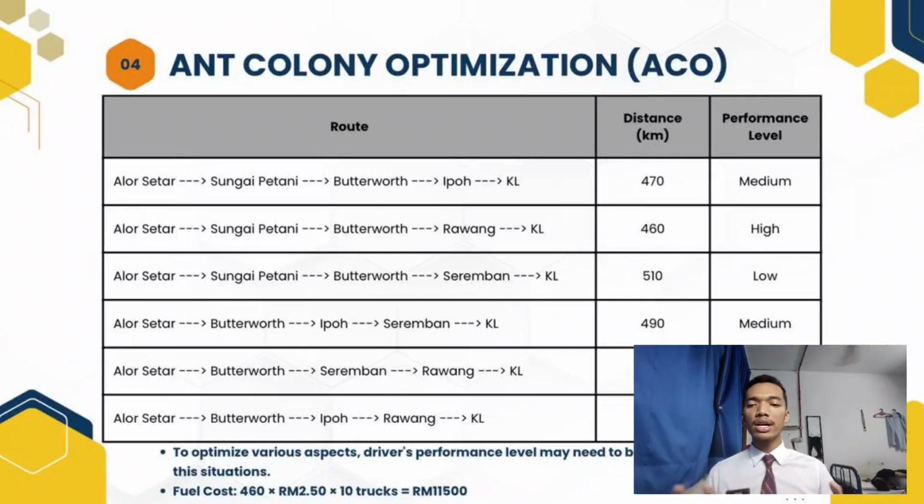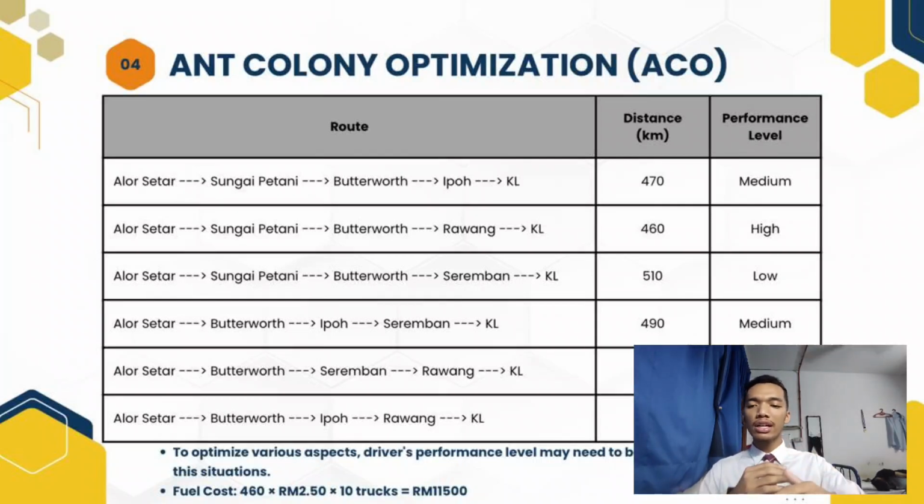In our example, we have three types of routes. The first, fourth, and sixth routes are 470 km and are marked with a medium performance level. Then road 2 is 460 km and is marked as high, and roads 3 and 5 are 510 km and are rated as low.